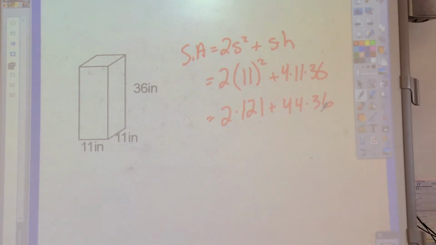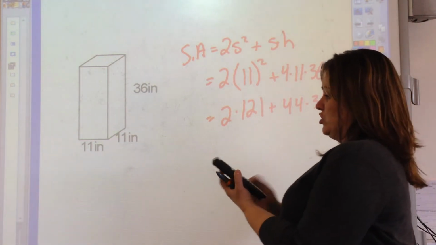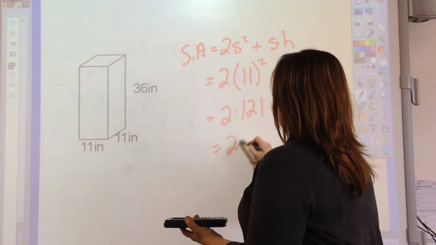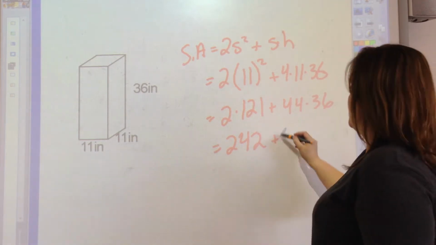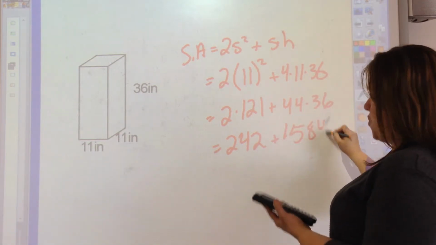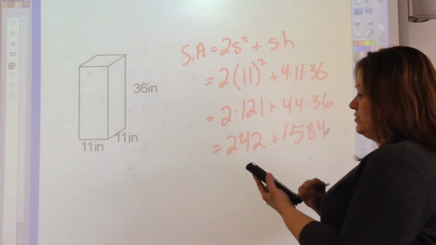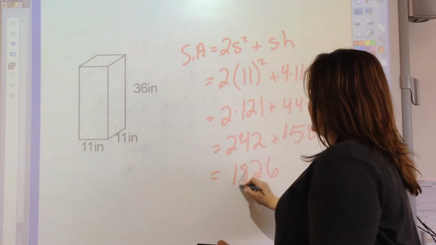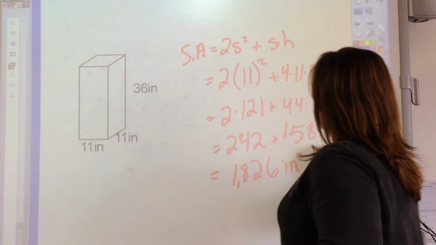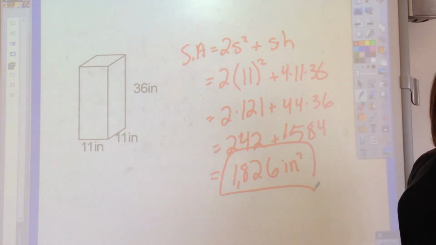And I end up with 121 times 2 is 242. 44 times 36 is 1584. Let's add those together and I get a total area of 1826, and my units are inches, so my answer should be in inches squared.